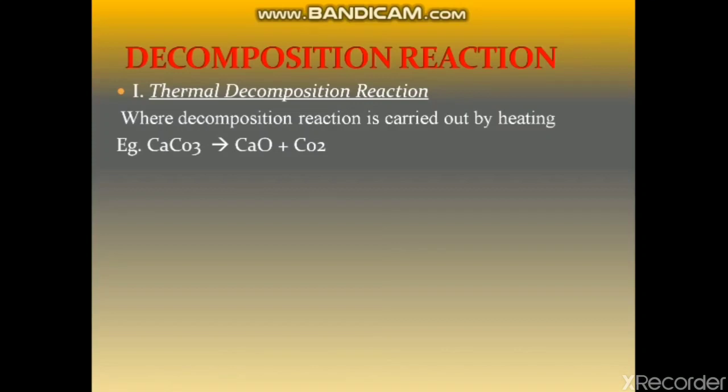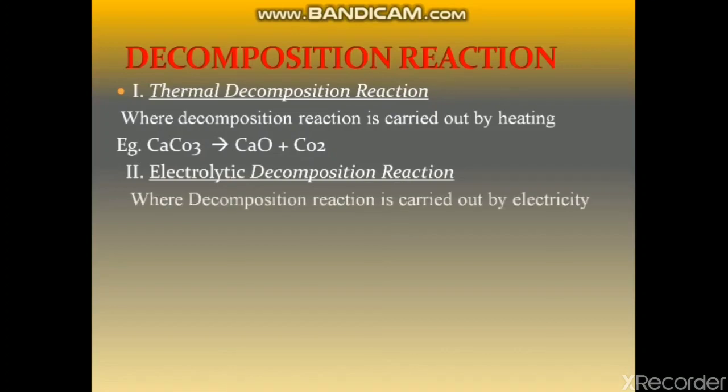When we heat calcium carbonate, what comes out? CaO, that is calcium oxide, plus CO2, that is carbon dioxide, a gas. So you see, this is only one reactant, and when we heat it, we get two products.